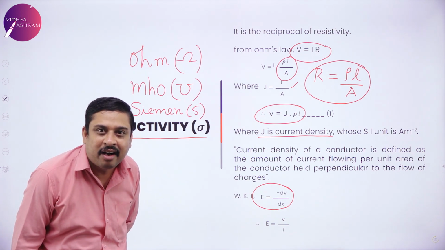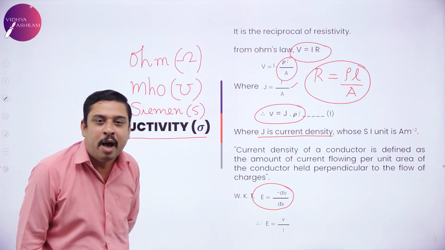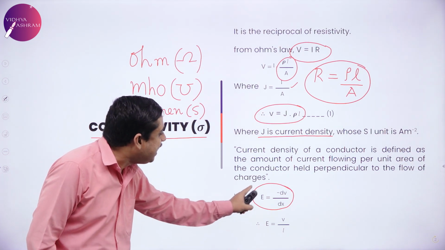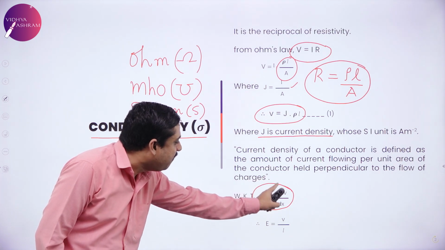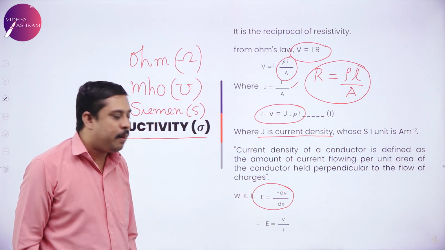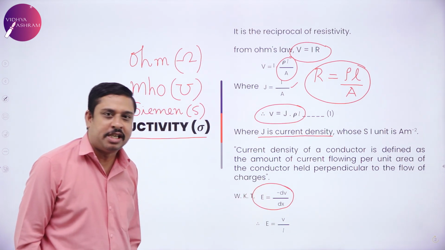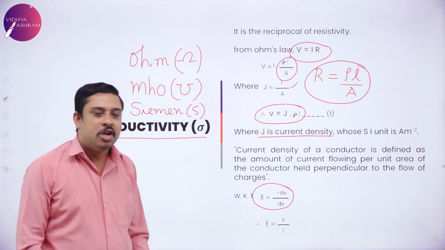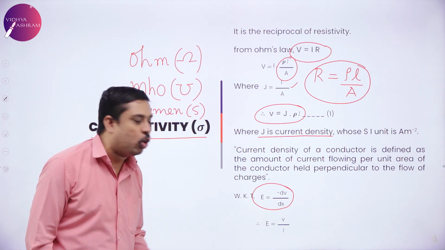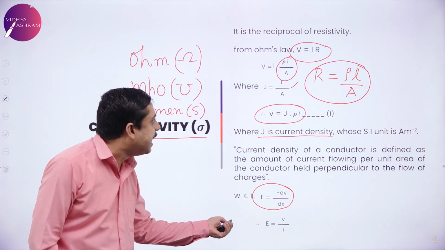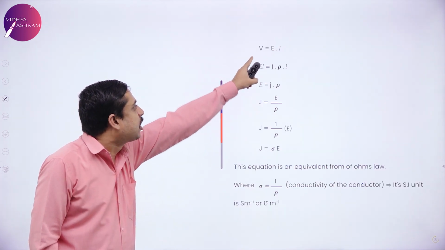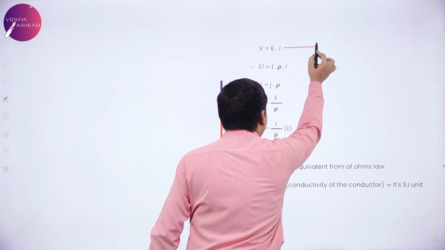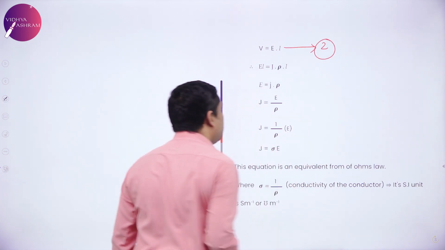Have I proved this? Did I say dV by dx is the potential gradient? Yes. So E equals minus dV by dx. So here V is the potential, L is the length of the conductor, so E becomes equal to V divided by L, or V equals E into L, and I call this expression equation 2.